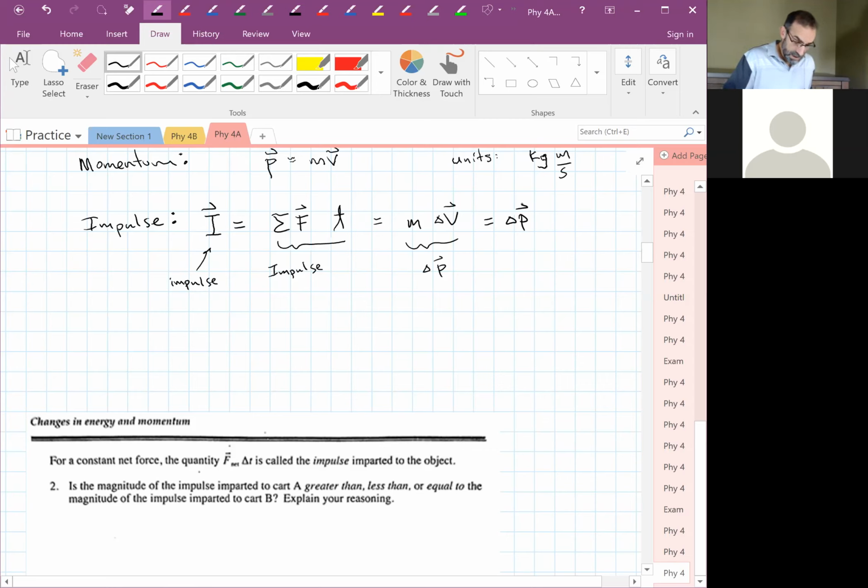Momentum, mv. And then last time, we were working with the work kinetic energy theorem, right? With the work and energy. Work is change in kinetic energy. Well, now we have the impulse momentum theorem.